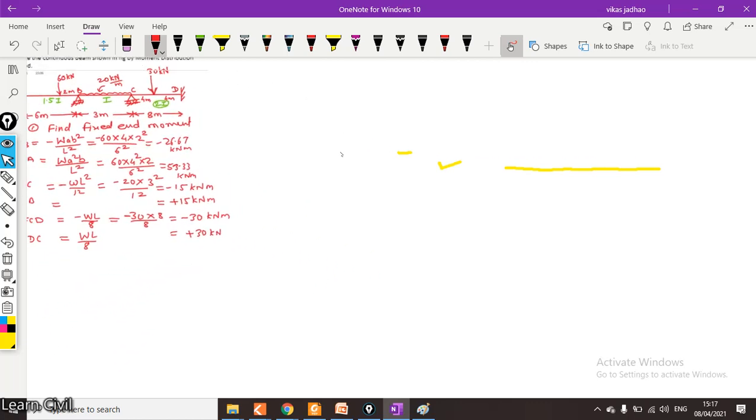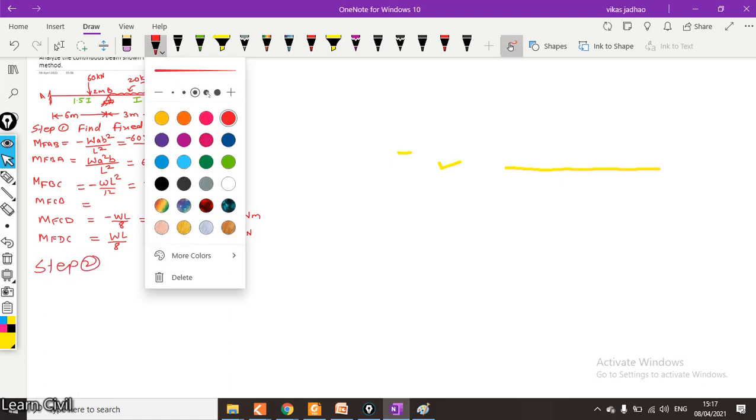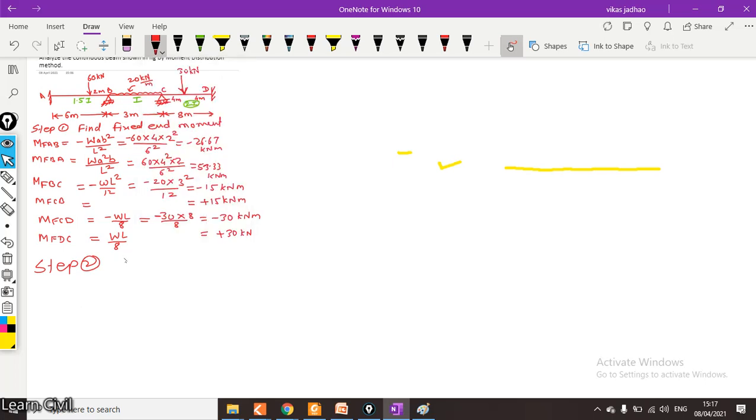For calculating the distribution factor, we will draw the distribution factor table. So step number 2, calculate the distribution factor. For calculating it, I'll write down the complete table.